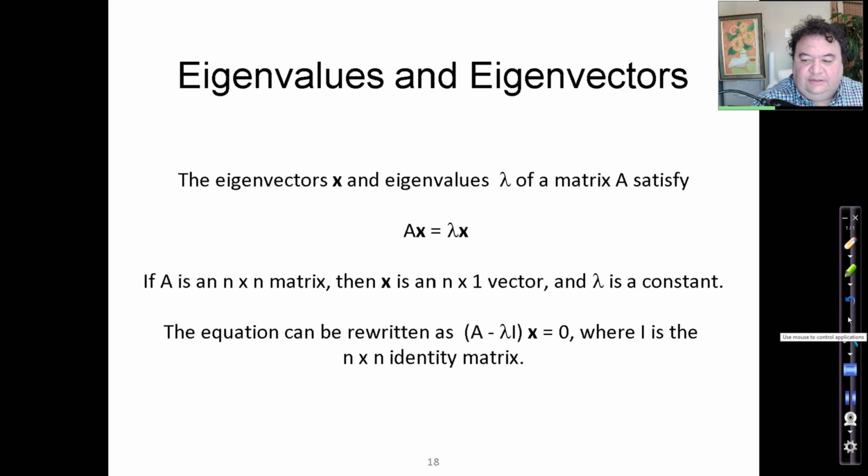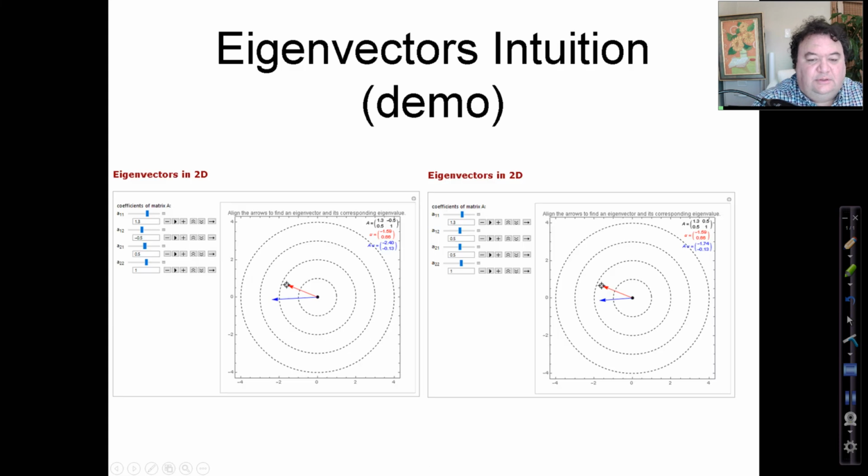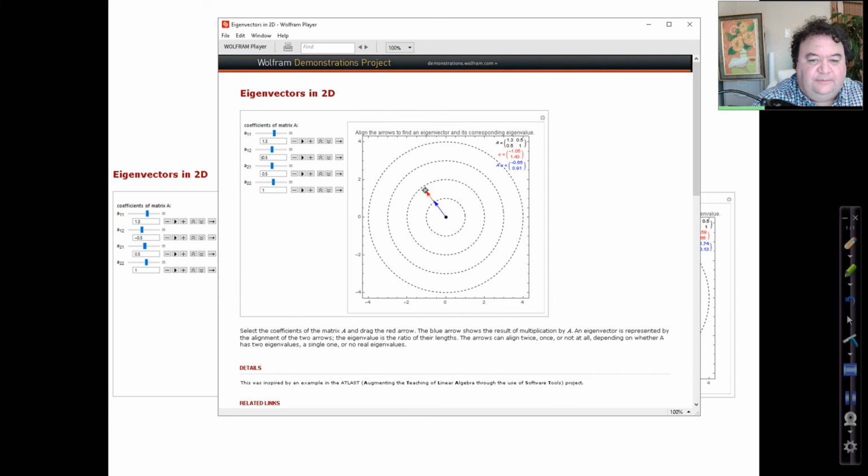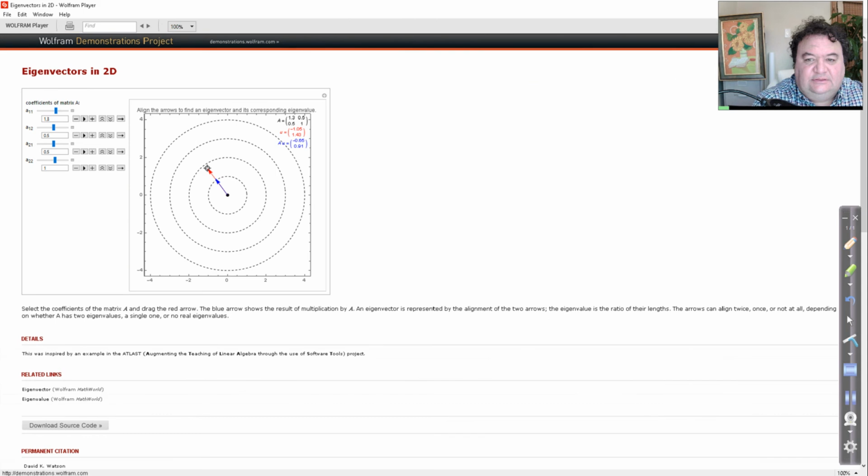So I prepared a little demo. This is from Wolfram Alpha, the online website, to give an intuition of what it means that for a matrix A, multiplying a vector is the same as multiplying the vector by a scalar. It's not obvious how that would work. There is a demonstration, and here on this side of the demo we see the matrix A with 4 values: A11, A12, A21, A22.